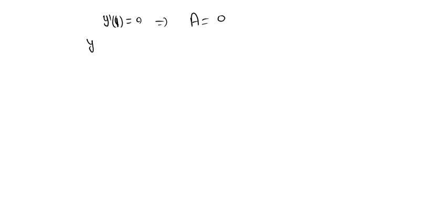And the second condition, y dash at e power 2 pi. From the first term a is 0, so that will give you b k by e raised to power 2 pi times sin k log e power 2 pi.